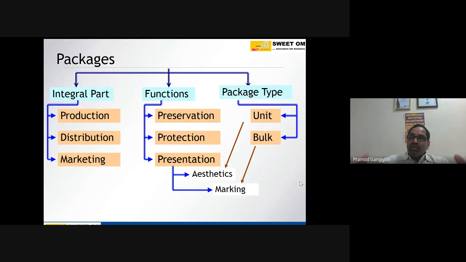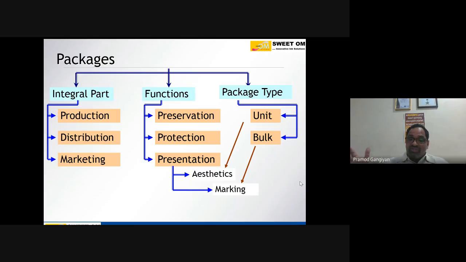So designing, graphics, half-tone printing, all these things are available on the unit pack. Like if one box is carrying 10 packs of biscuits, so the biscuit pack is a unit pack. So it is printed nicely, with some baby photo or maybe some model's photo or something like that.